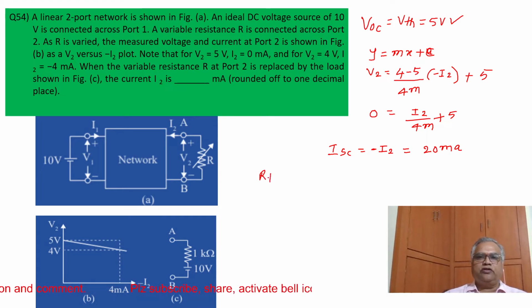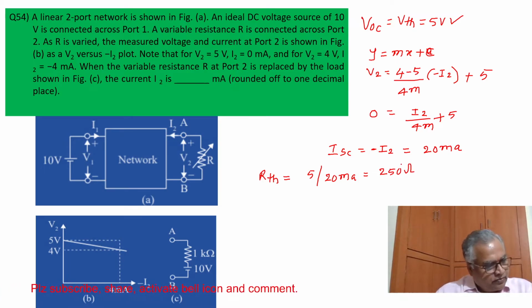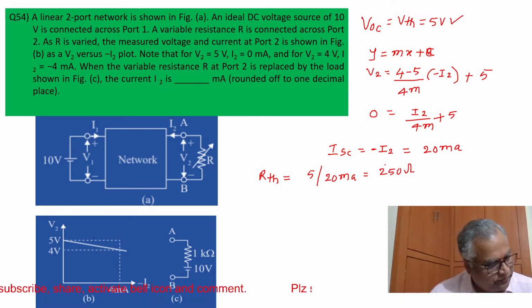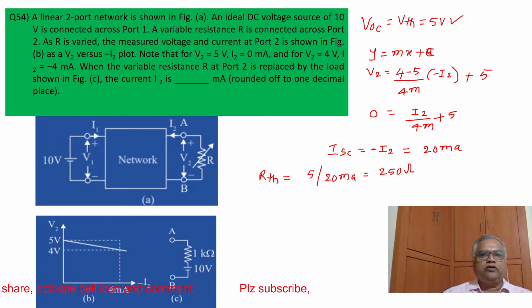Now find out R Thevenin. What is R Thevenin? V Thevenin is 5 volts. Short circuit current is 20 milliamps. If you simplify, you will get 250 ohms. Now the problem started.